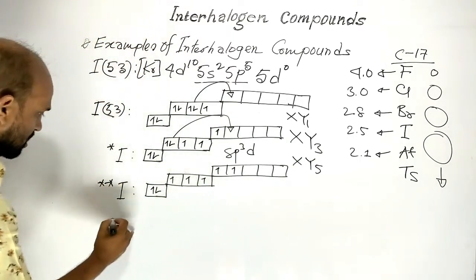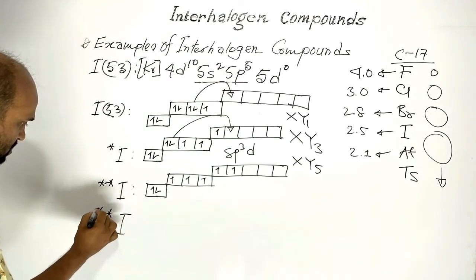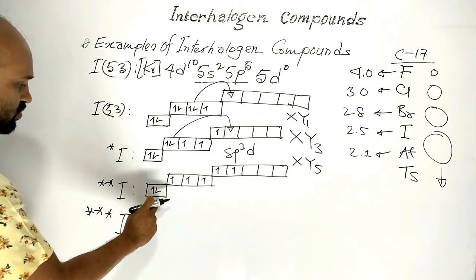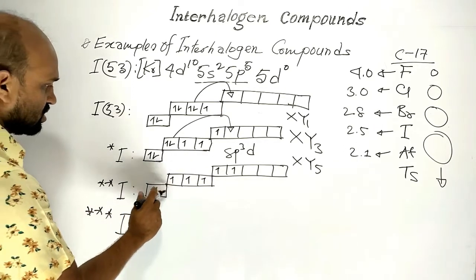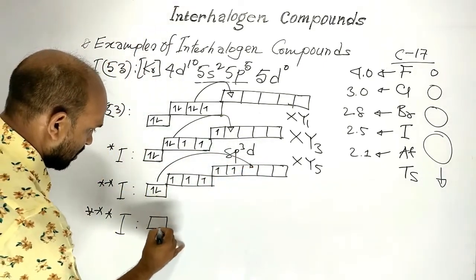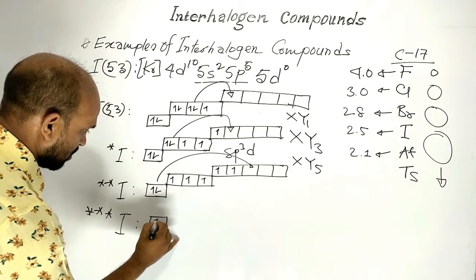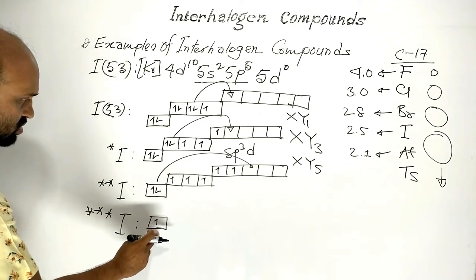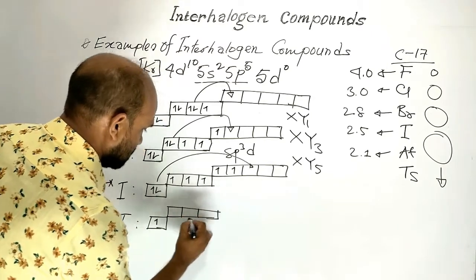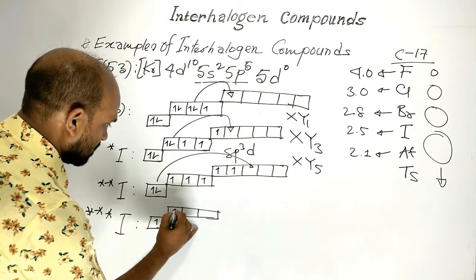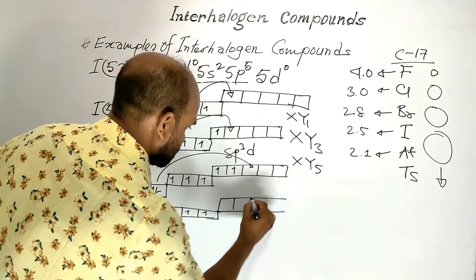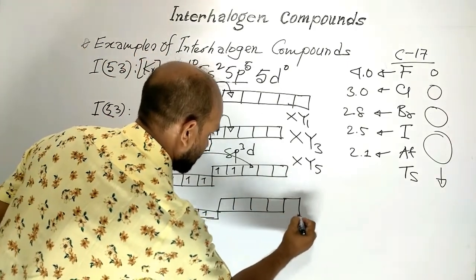When iodine comes to the third excited state, then 1 electron from the 5s orbital shifts to the vacant d orbital. Now we get this orbital containing one electron. Here 5p 1, 2, 3 contain one electron each, and 5d orbitals 1, 2, 3, 4, 5.